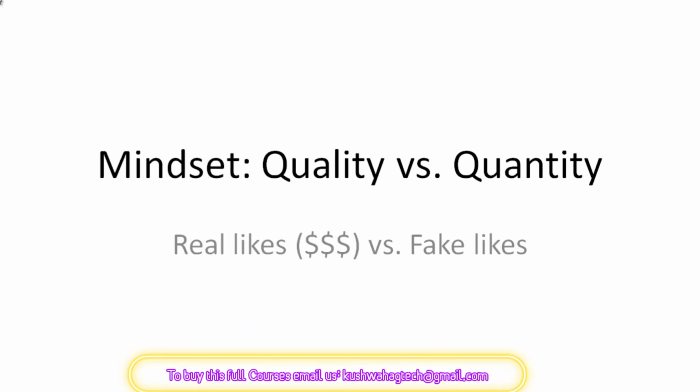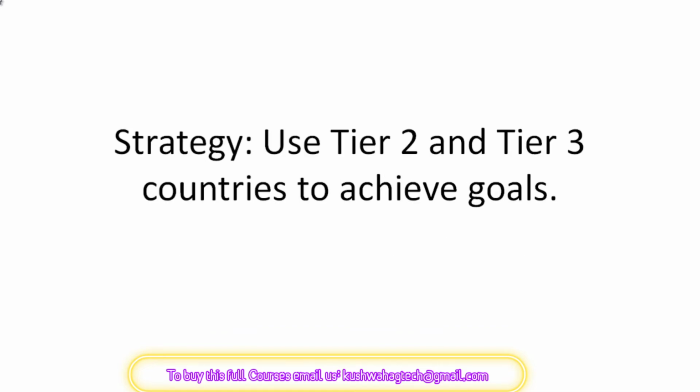Now, the downside with targeting tier 1 countries in terms of Facebook likes is it can cost a lot of money. It can cost anywhere from 10 cents to 50 cents a like to even several dollars. So how are we going to get around this? The strategy here is that we're going to be targeting tier 2 and tier 3 countries to achieve these goals.